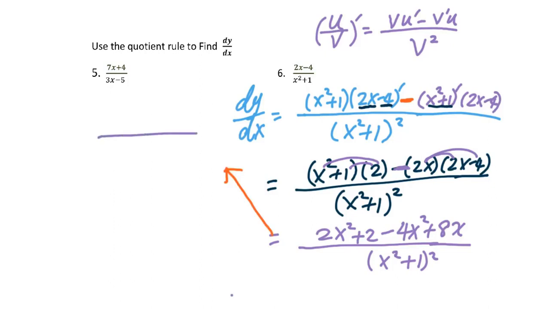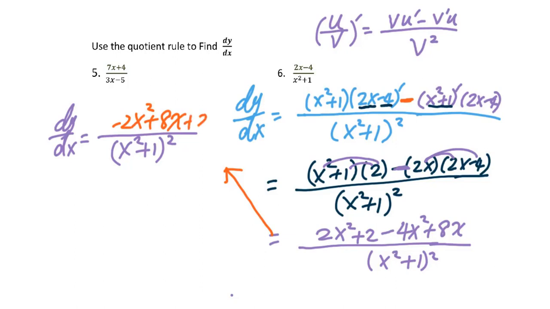You will get dy by dx equals x squared plus 1 squared. Combine like terms, it will be negative 2x squared plus 8x, then plus 2. This will be the final answer to number 6.